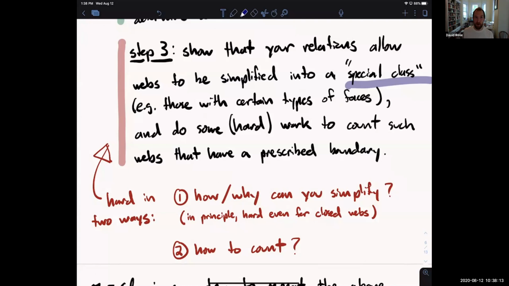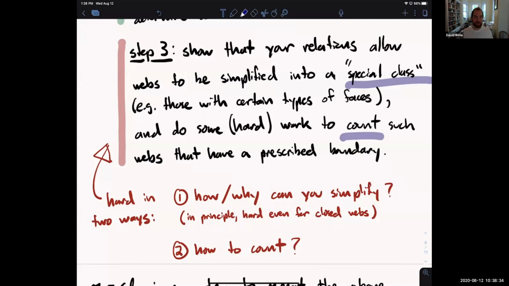And then you do the really hard work, which is you somehow produce some bijection between that basis and some known basis, or at least show that basis has the same size as the Hom spaces. And I claim that this is actually hard in 2 ways.